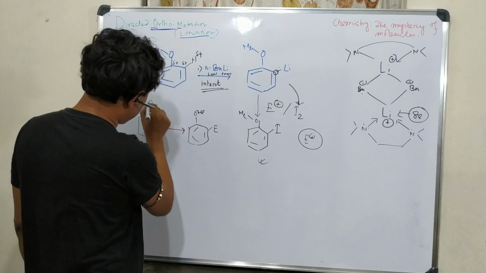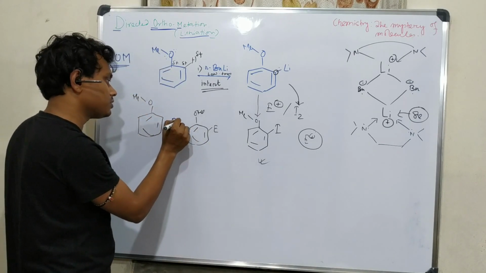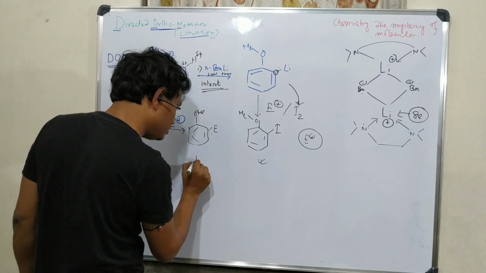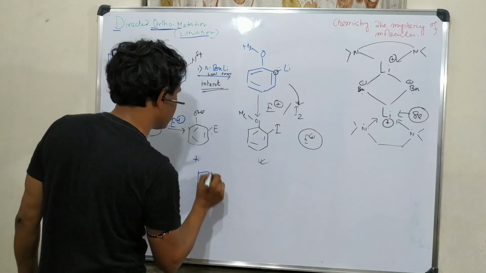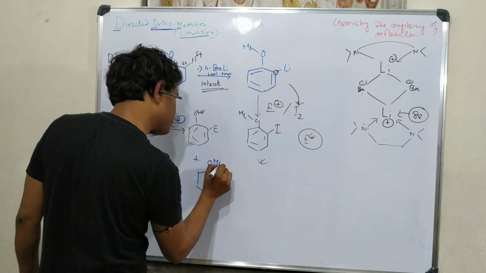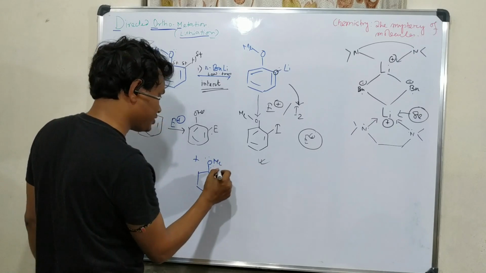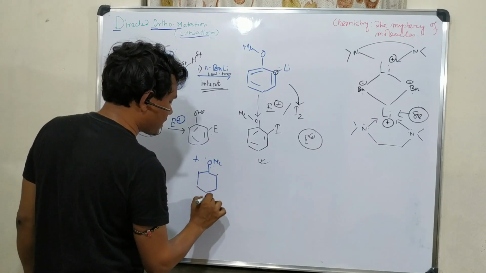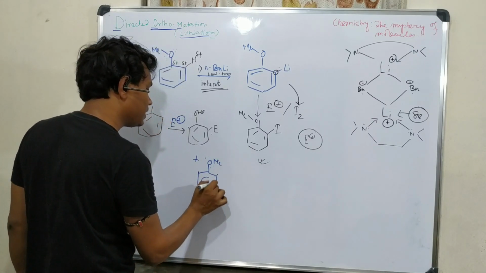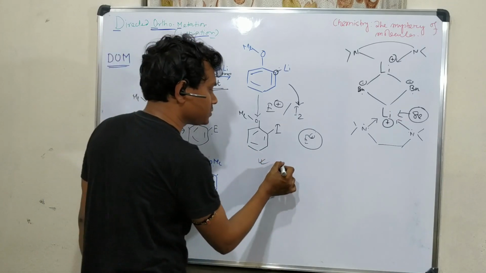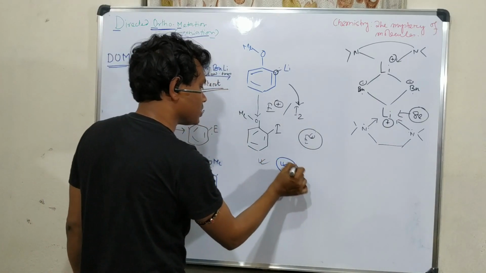If we do the electrophilic substitution, along with the ortho product there will be some amount of para also. Depending on the substrate, reaction conditions, and nature of the electrophile, this ortho-para ratio will vary. But in this reaction we can selectively get the ortho-substituted product.